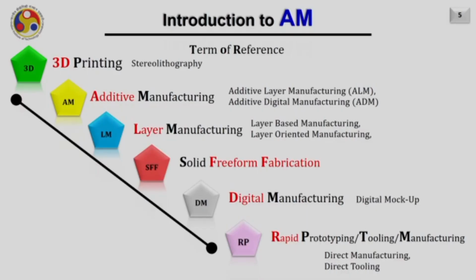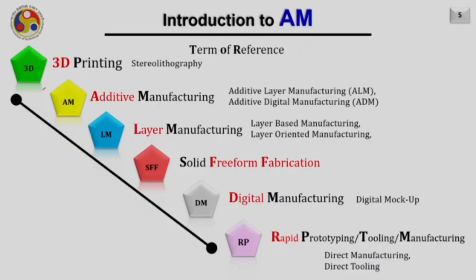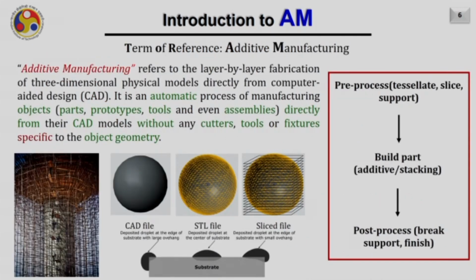The other term of reference is additive manufacturing. What we have seen in the term 3D printing does not give any reason behind the physics of the process, while other terms like additive manufacturing or layered manufacturing can help us identify the physics behind this process. So, when the term additive comes into the picture, I can define the process appropriately.